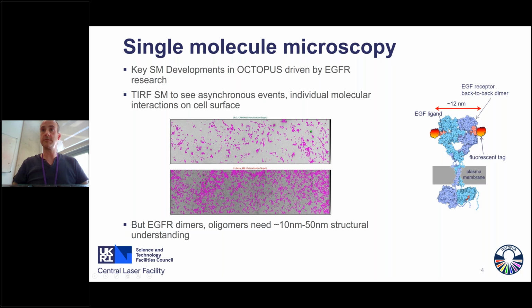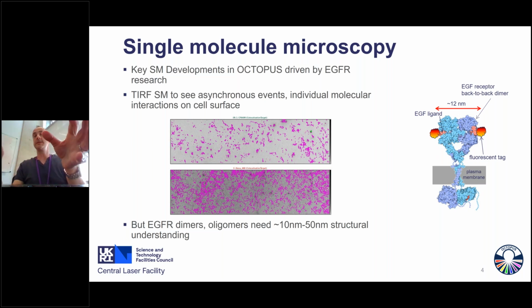At the time, 15 to 17 years ago, when we were looking at this, the super resolution techniques that were starting to become available, like STORM and so on, could deal in the range of several tens of nanometers upwards. An alternative method was fluorescence resonance energy transfer, which is a dipole-dipole interaction, which basically allows you to determine, with two-color single molecule microscopy, the separation of labeled fluorophores on the scale of about 0 to 10 nanometers.